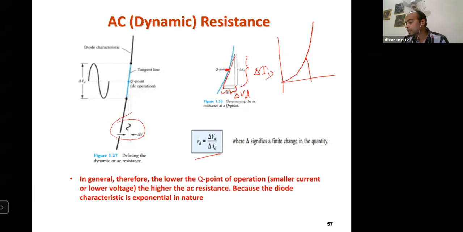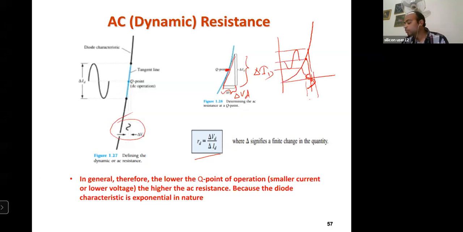If the input voltage is changing in between this range, then the corresponding output drain current changes like this.